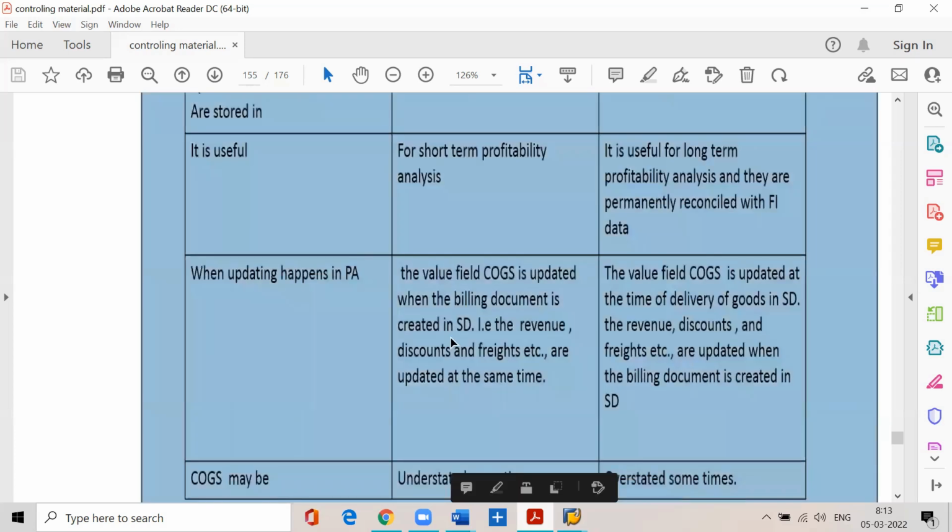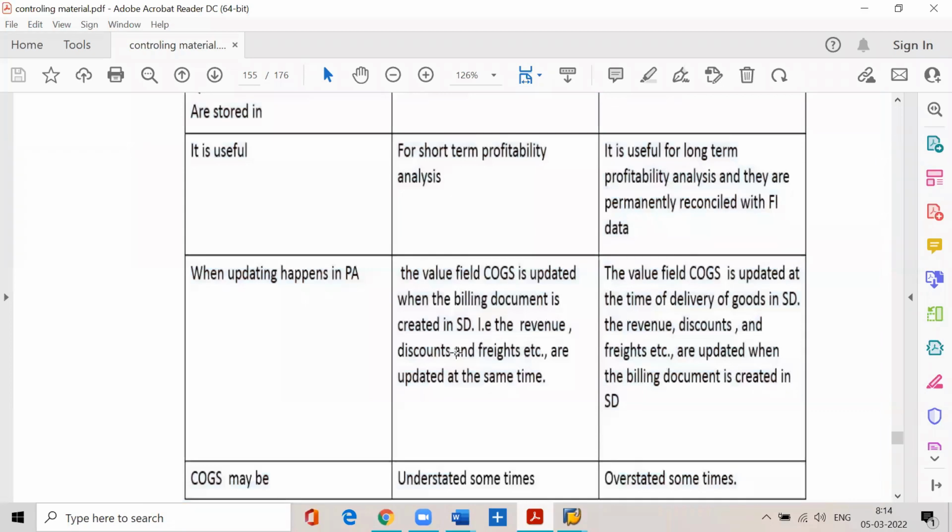There is one business process in sales and distribution which is called order to cash. In that order to cash process, billing is one step. So when we generate the billing in SD, only then is the cost of goods sold updated in costing-based COPA. The revenue, discounts and freights are updated at the same time.